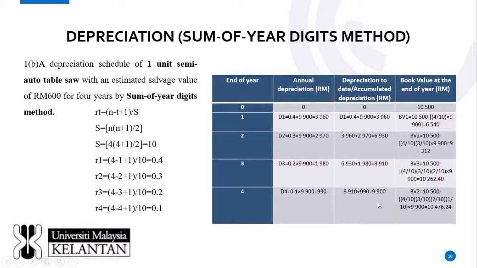For the book value at the end of year, we clock out BV2 equal to 10,500 minus 4 divided by 10, then 3 divided by 10, then 2 divided by 10, and then 1 divided by 10, times 9,900, which is equal to 10,476.24. So this is a sample for 1 unit of semi-auto table saw.